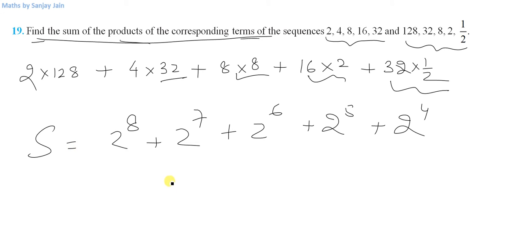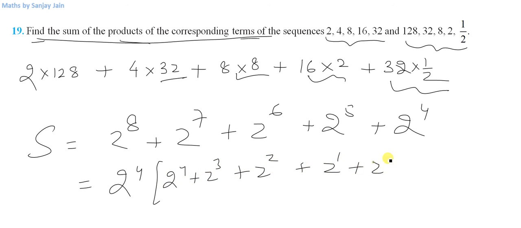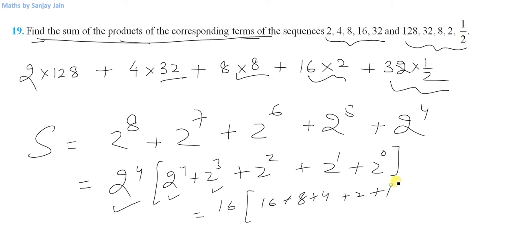If you want to, I don't even have to apply GP here. This is such a simple question. If I take 2 raised to power 4 outside, this will become 2 raised to power 4, 2 raised to power 3, 2 raised to power 2, 2 raised to power 1 and 2 raised to power 0 here. 2 raised to power 4 is 16 and this is 16, 8, 4, 2 and 1.